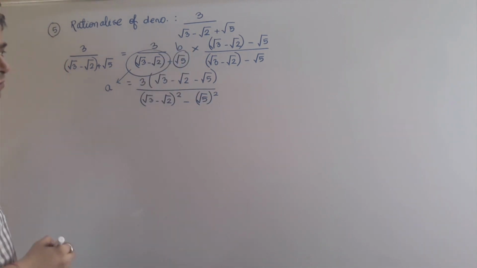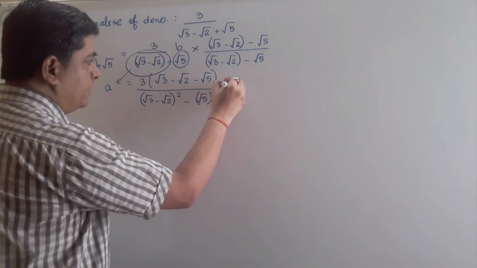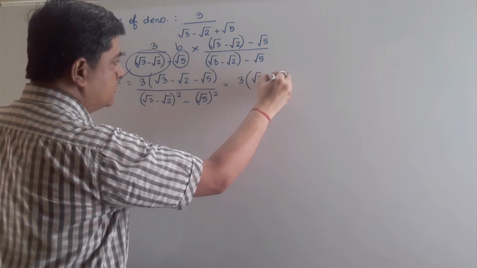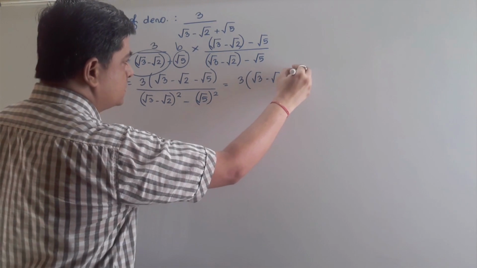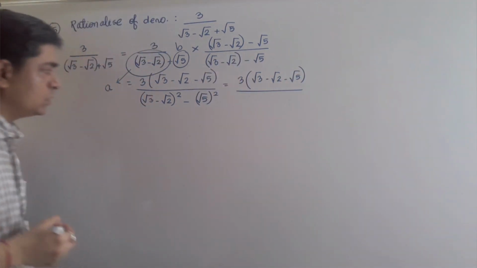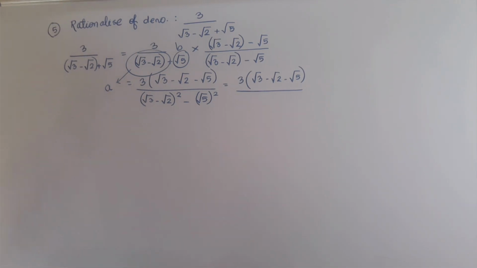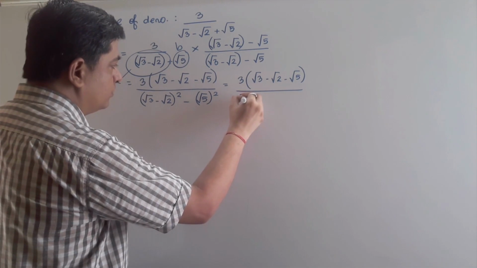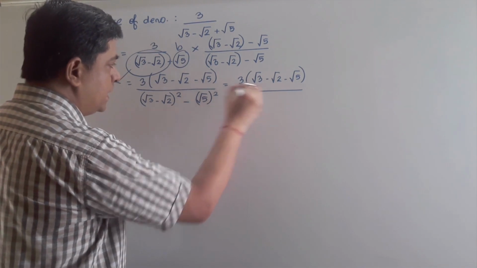Let us simplify further. 3 into the bracket under root of 3 minus under root of 2 minus under root of 5 will be as it is. Now this one I will open by the formula of A minus B the whole square. So that will be under root of 3 whole power 2, that is my A square.